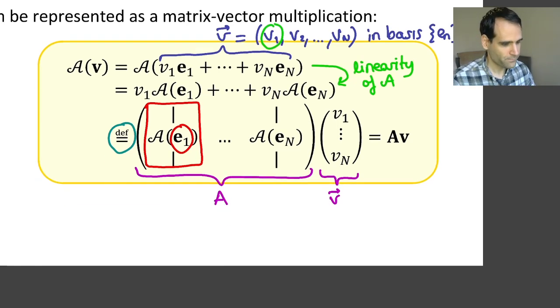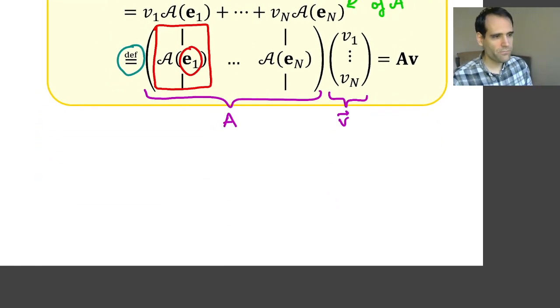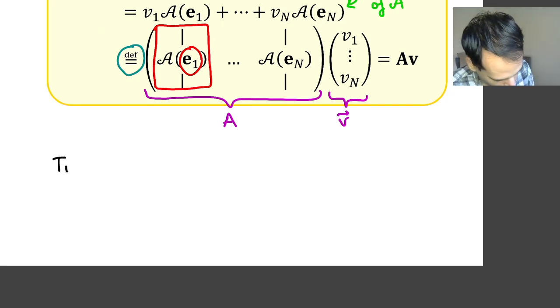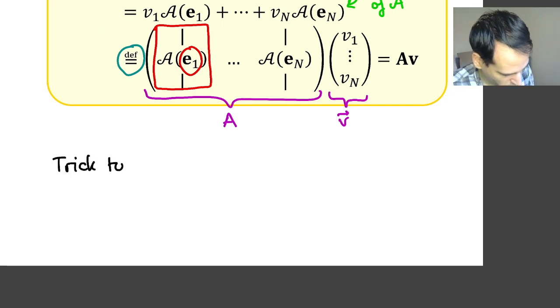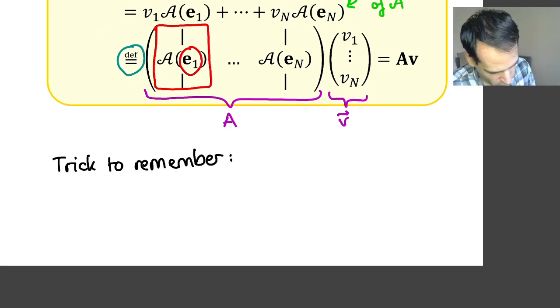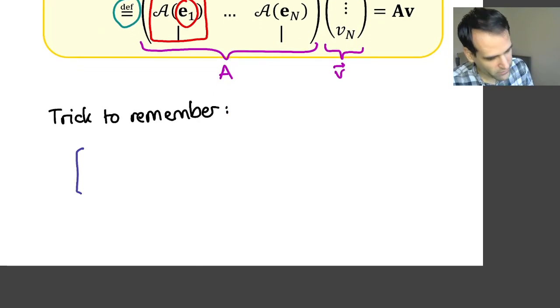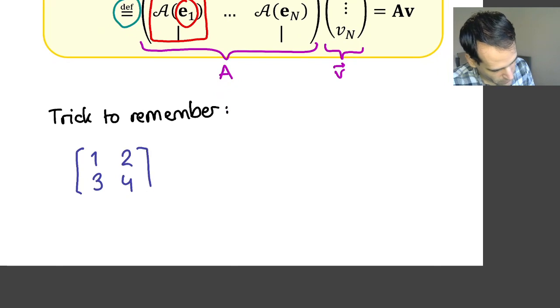Now I also showed you a trick for how to remember how to do the multiplication of a matrix times a vector. So what was this trick? Let's say you want to multiply this matrix 1, 2, 3, 4 times a vector, let's say 1, 2.